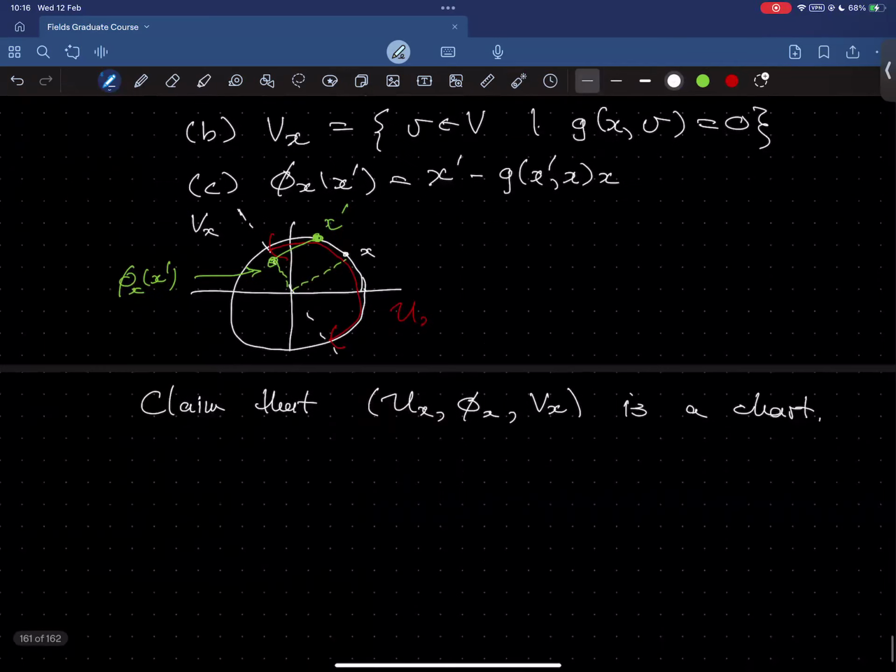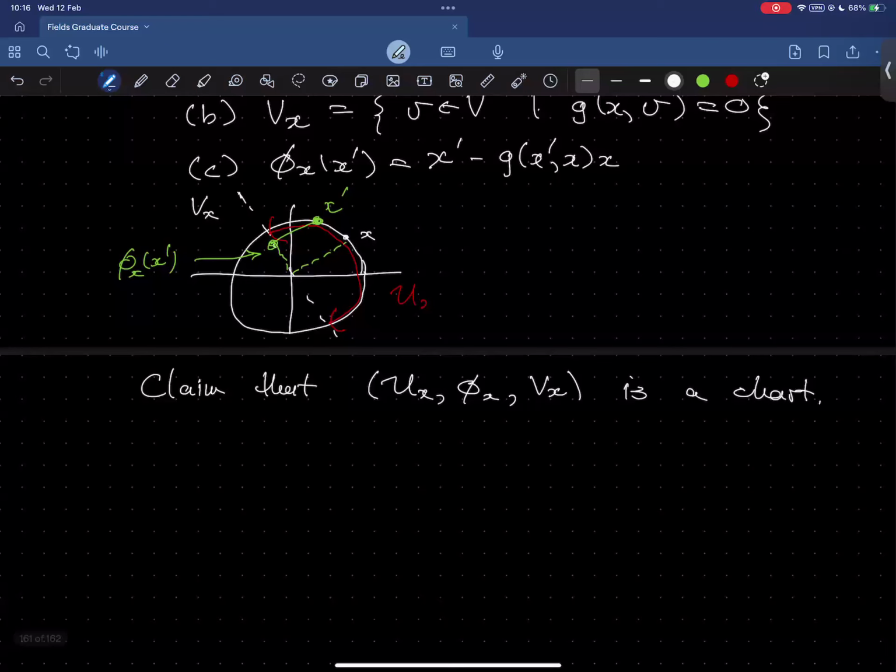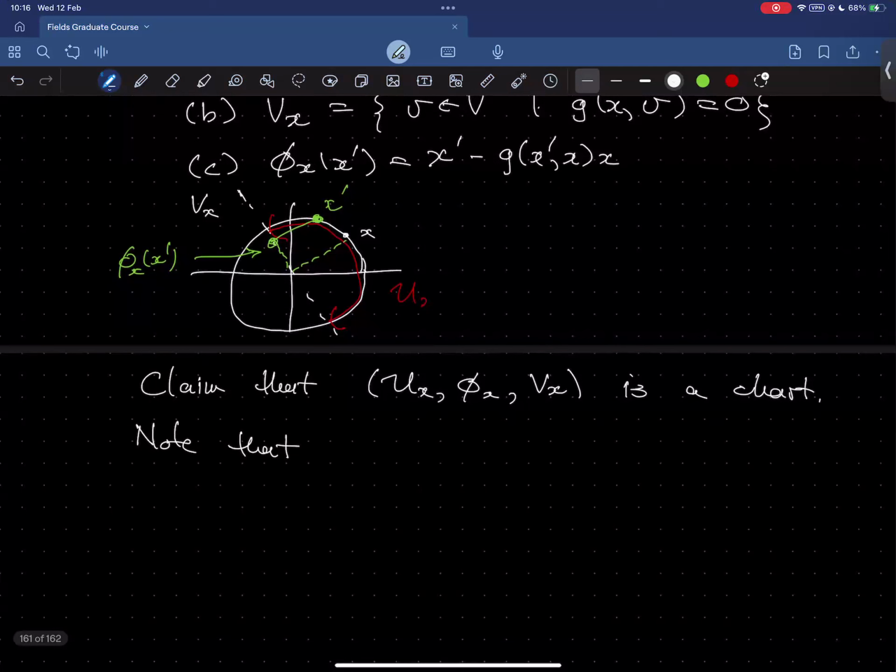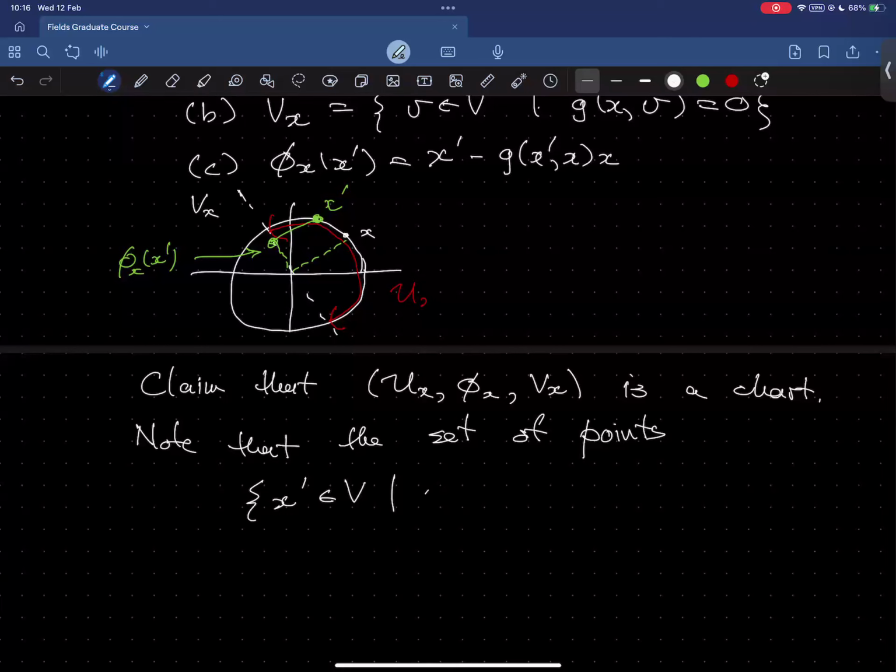All right. So first of all, note that the set of points x prime in V for which g of x and x prime is greater than 0.